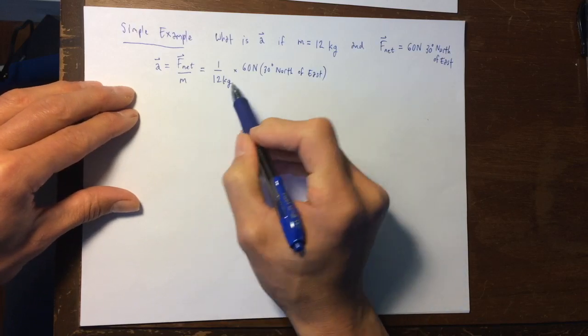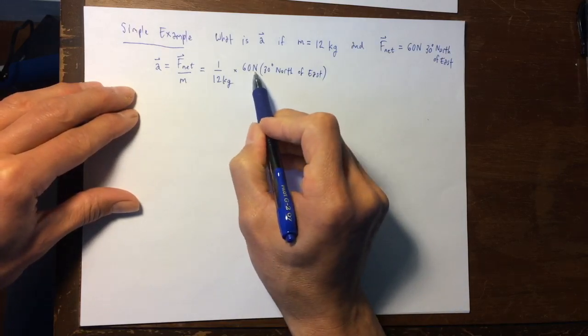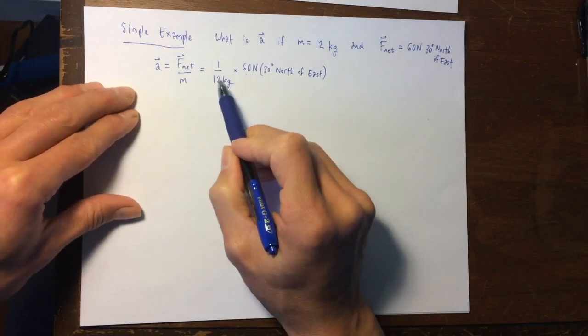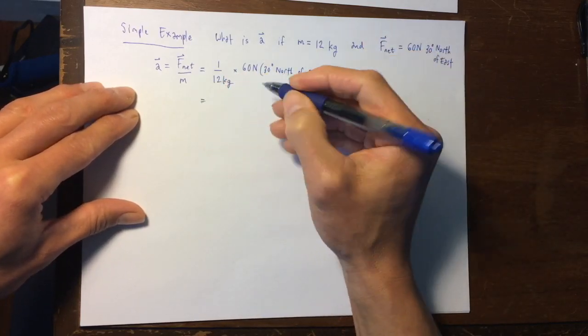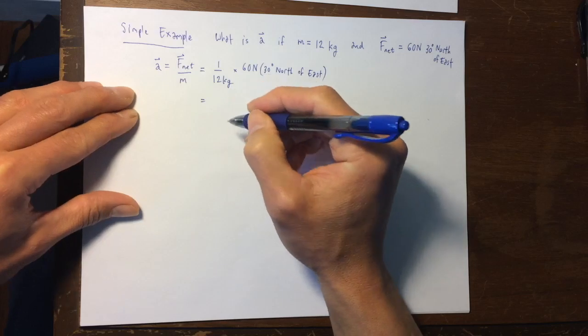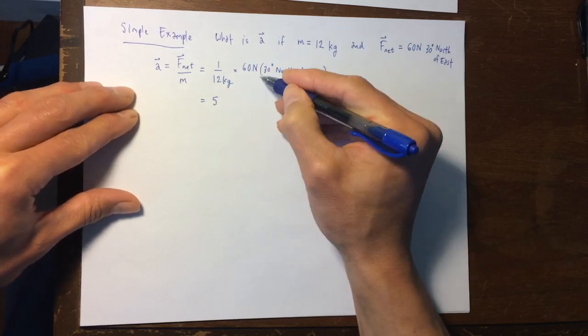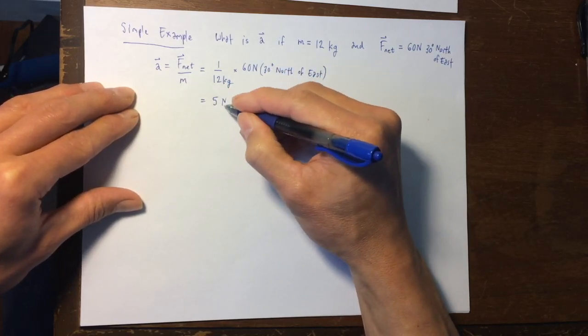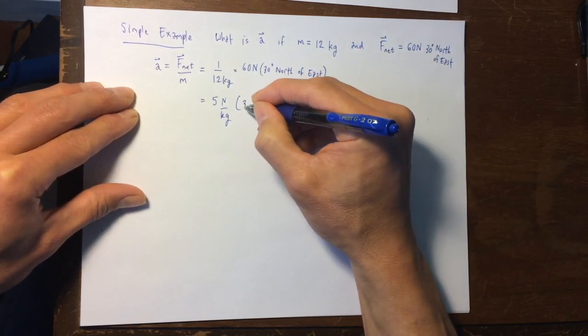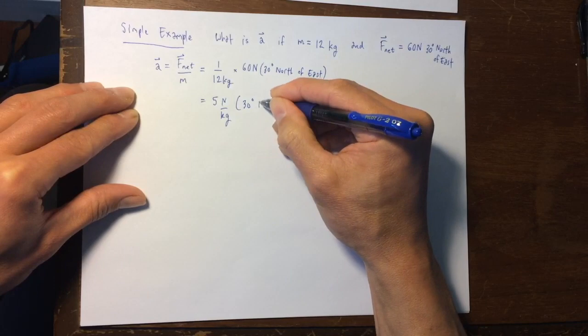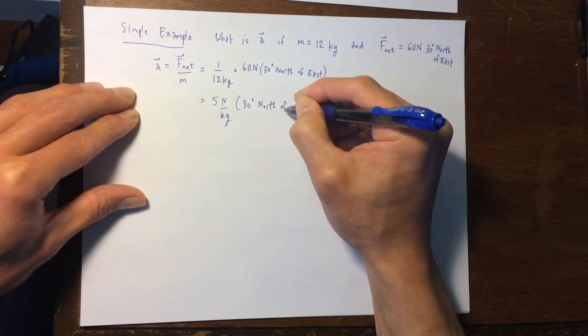So these two things, 60 newtons and 12 kilograms, you can see they have to be divided. 60 divided by 12 is 5. And the units are newtons per kilogram. And the direction just keeps coming along for the ride, 30 degrees north of east.